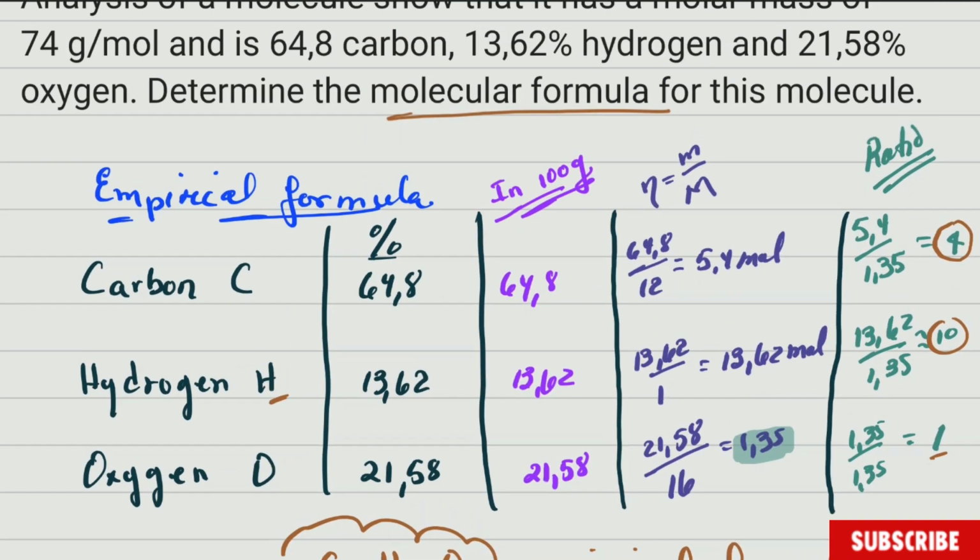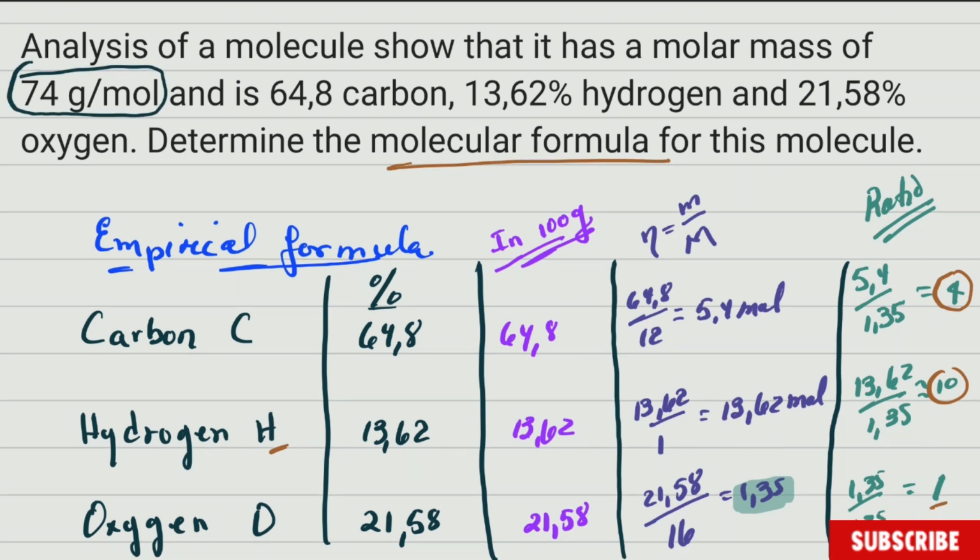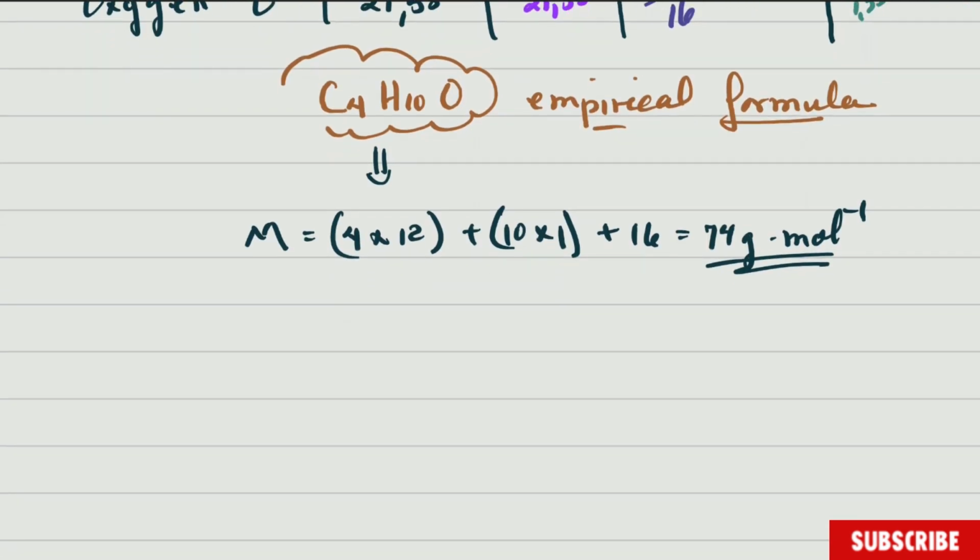We go back to the question and extract the molar mass of the molecular formula. We are going to divide the molar mass of the molecular formula by the molar mass of the empirical formula.